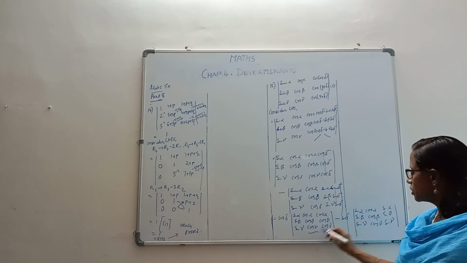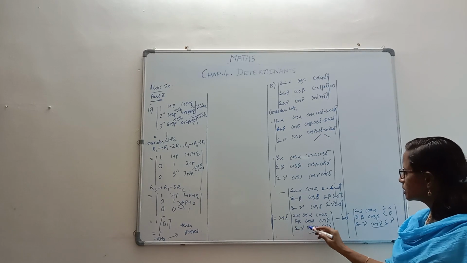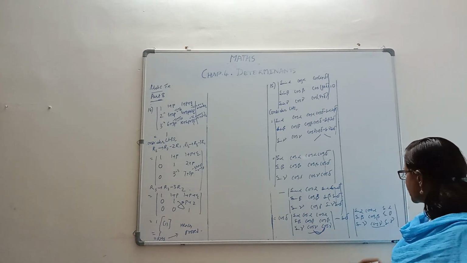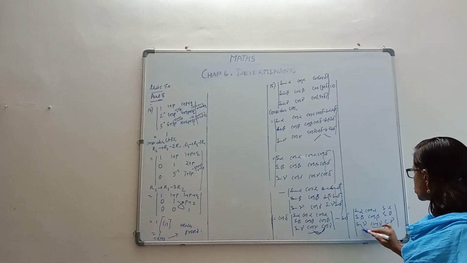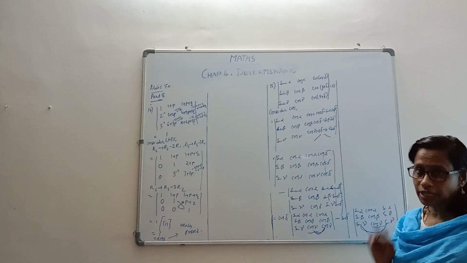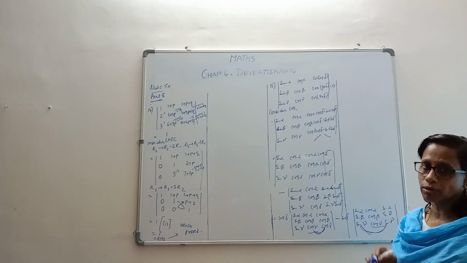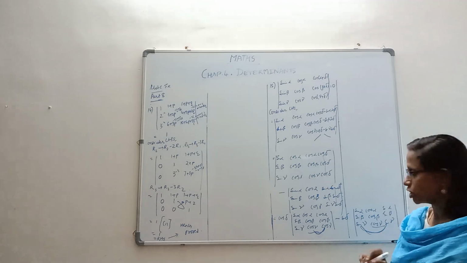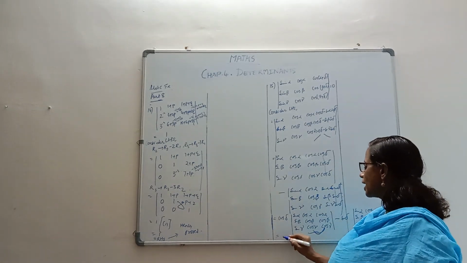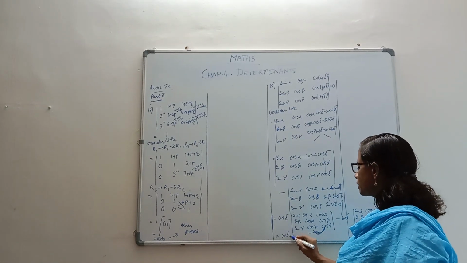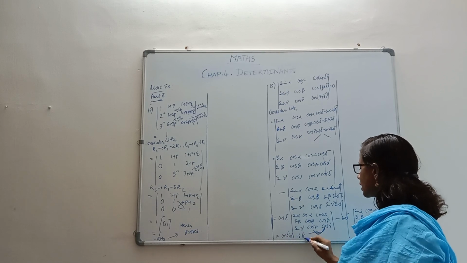Now we can observe these two determinants and we'll find that in this determinant two columns are identical and in this determinant two columns are identical. We have learned that whenever a determinant has either rows or columns identical, its value becomes 0. So like that, this will have a 0 value. Cos delta times 0 minus sin delta times 0. Why?